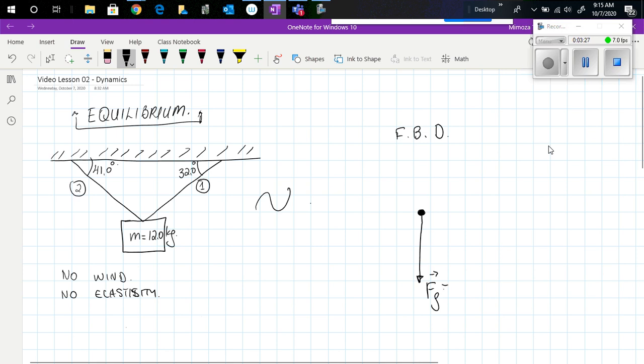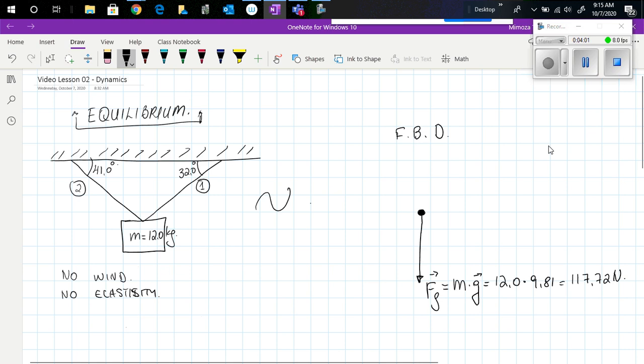The magnitude of the force of gravity is mass times acceleration due to gravity. In our case, the mass is 12, so 12 times 9.81 equals 117.72 newtons.